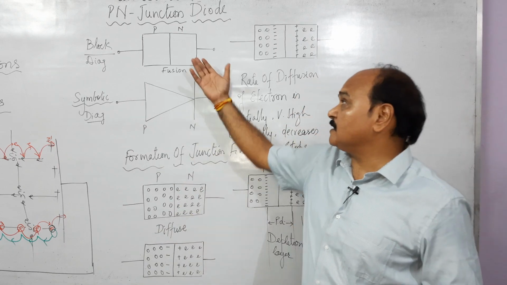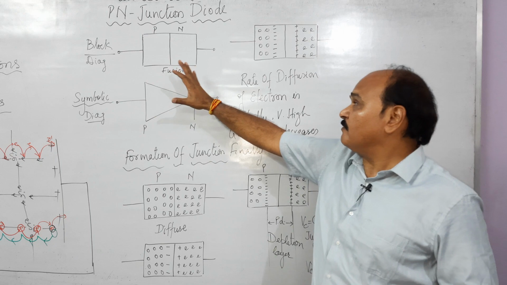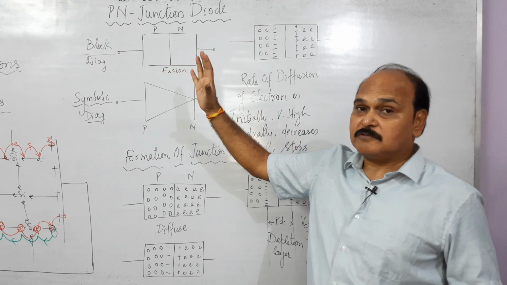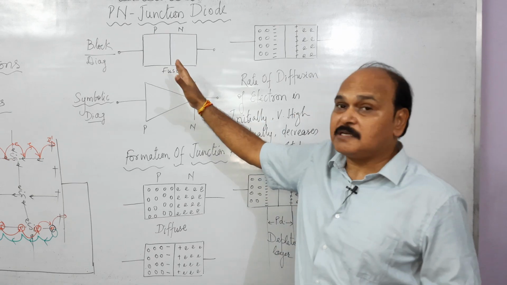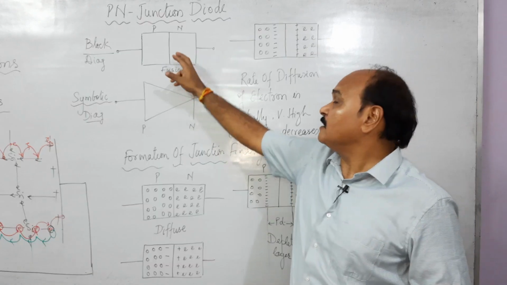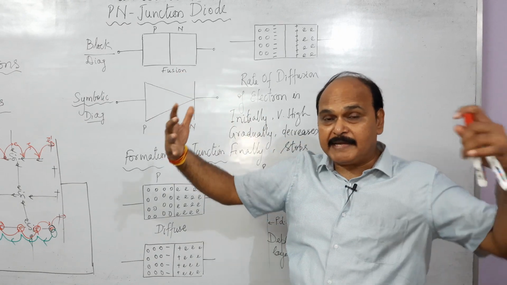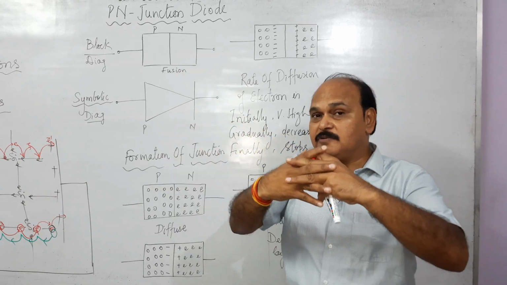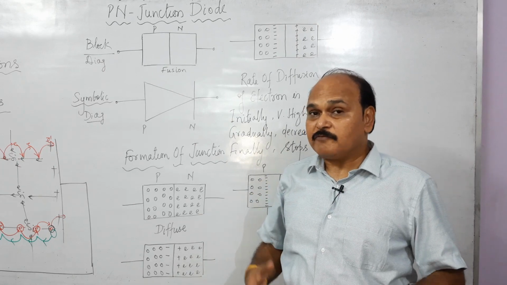Electrons are majority charge carriers here and holes are the majority charge carriers here. And what happens when the two different materials are fused? Fused means welded. The junction is heated to such high temperature that the material of p and n melt, and when they melt they intermingle into each other. This is what is called fusion.